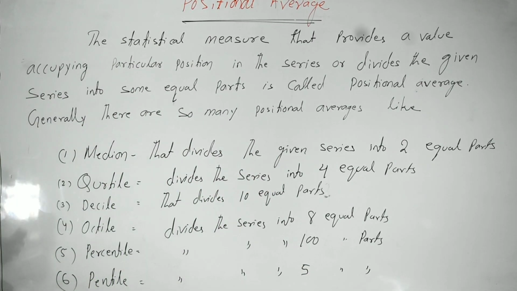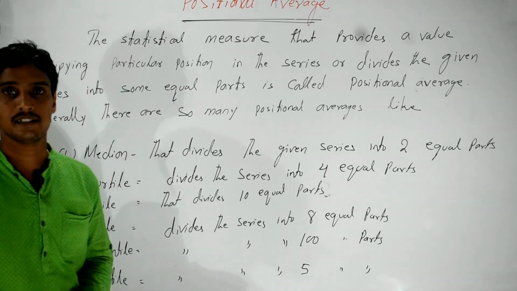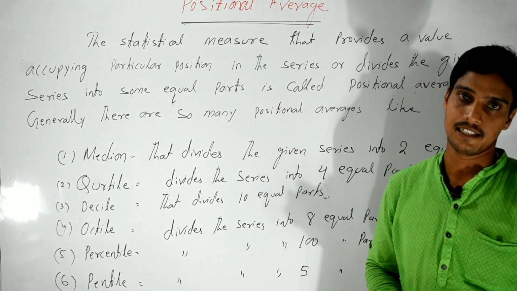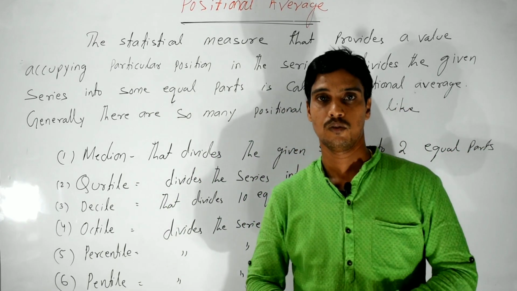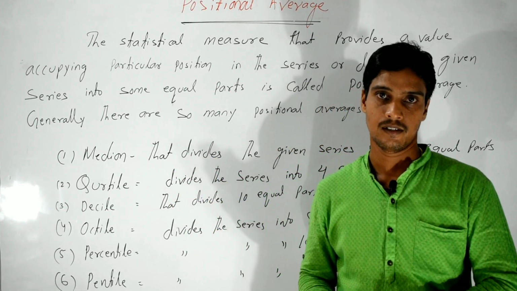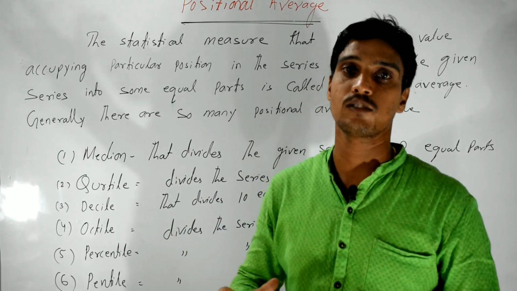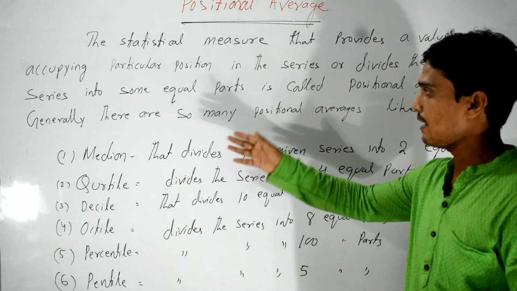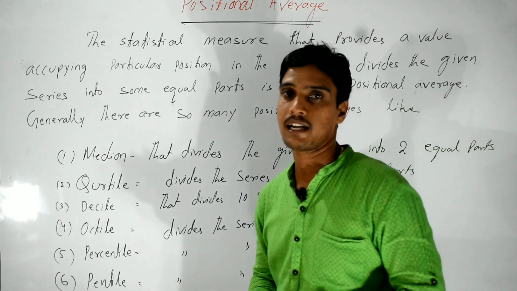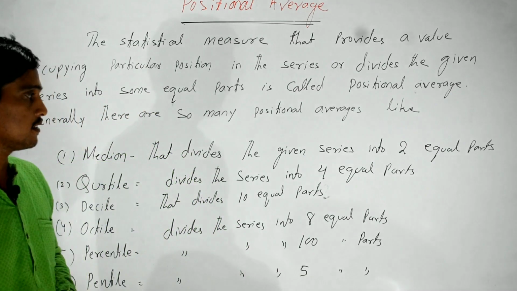So let's repeat again. The positional average means the statistical measure that divides the series into some number of equal parts. It may be 2 parts, 3 parts, 4 parts, 5 parts, 6 parts, and so on. Generally, we calculate various types of positional averages under statistics.